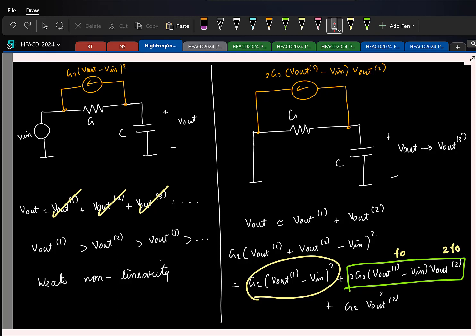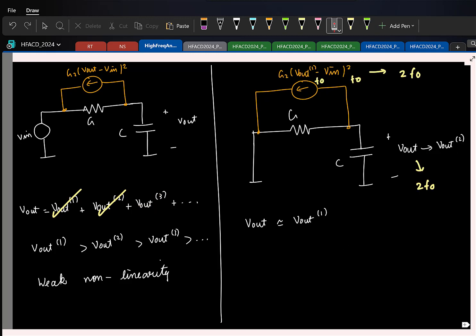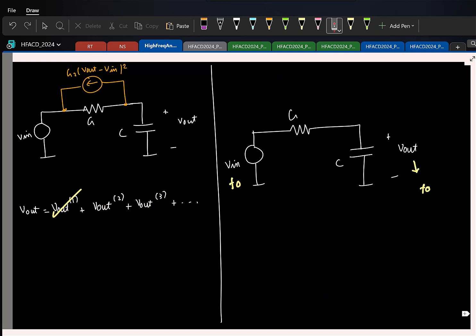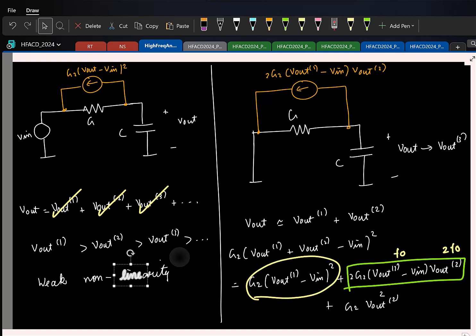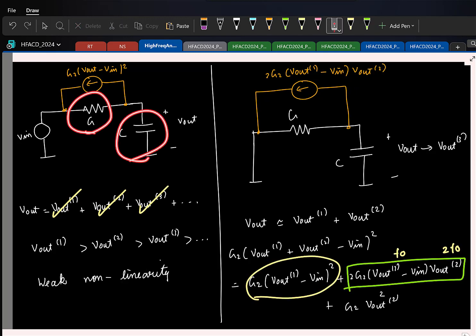Although this is just an approximate method, it is the best thing you can do, because otherwise you'll have to solve this nonlinear differential equation. That is a nightmare. Instead, this is something that we always do: if you don't know how to solve a problem, reduce it to something that you can solve, and then solve it. That's all. So we took the nonlinear circuit and converted it to a linear circuit by assuming that the nonlinear terms are an extra current that is getting injected.